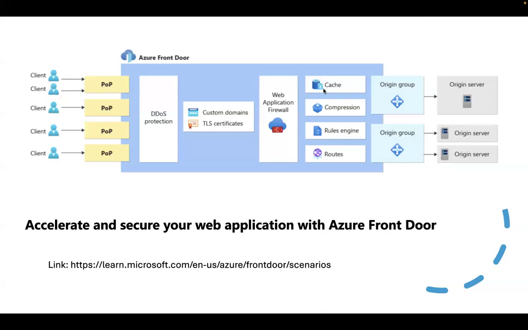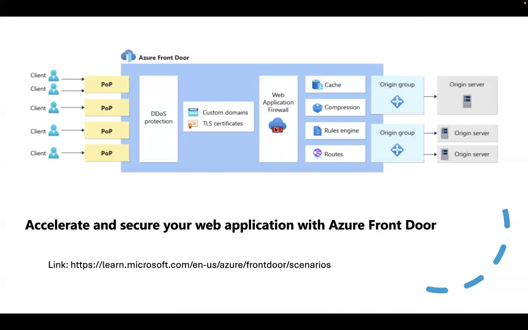If not, it is a new request, or there are some changes in the origin server related to that request. Then the cache will connect to the origin group and the origin server, get that new data and save it in cache, so that if some other client comes with a similar request, it can serve from cache. So this happens in the point of presence.